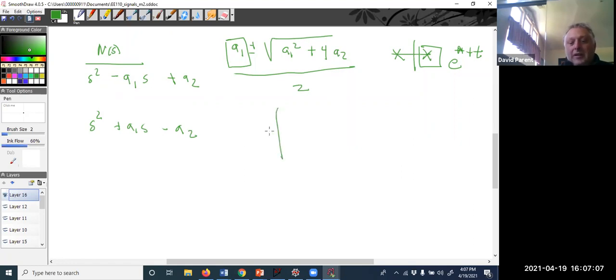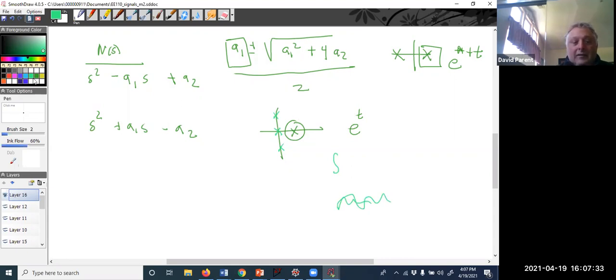All it takes is one pole on the right-hand side, and you're going to have exponential increase. All it takes is one pole where everything is equal to 0, and you're going to have an integrator. All it takes is a pair of complex poles here, and you're going to have an oscillator.